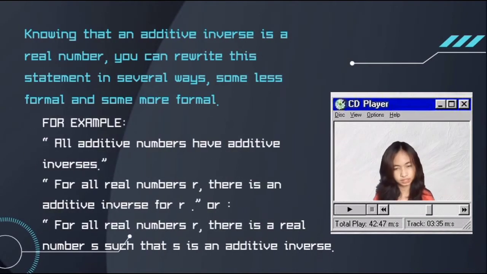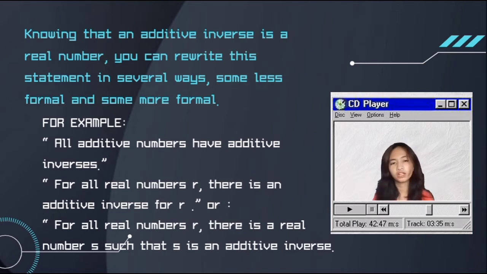Knowing that an additive inverse is a real number, you can rewrite this statement in several ways, some less formal and some more formal. For example, all real numbers have additive inverses. Or for all real numbers r, there is an additive inverse for r.